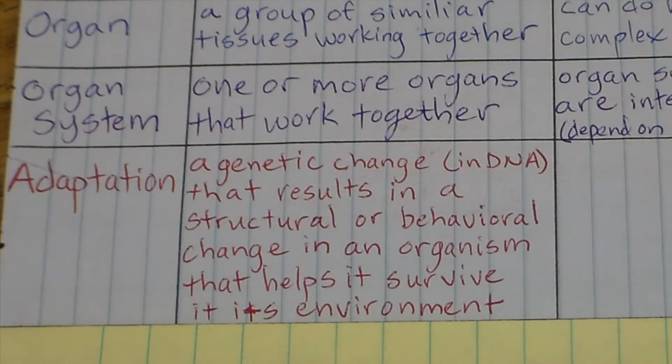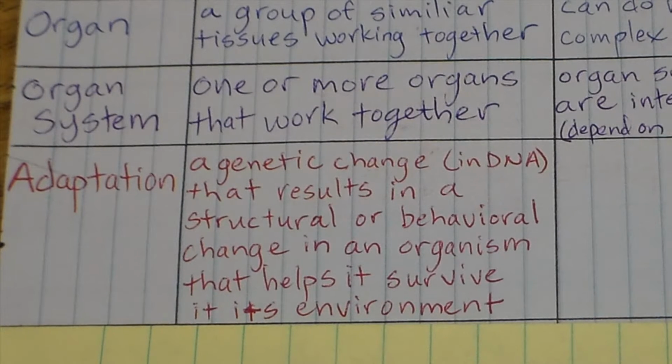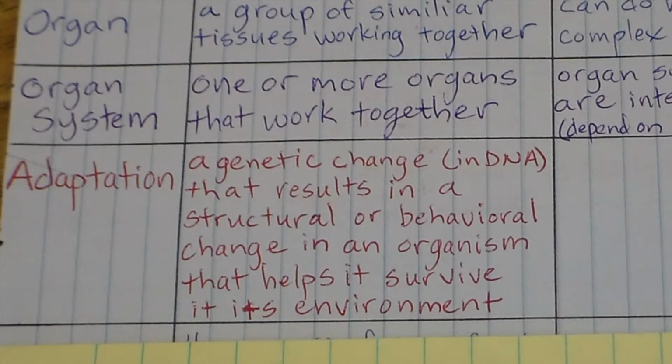So an adaptation is a genetic change. Remember, we know genetic means in the DNA. So adaptation is a genetic change in DNA that results in a structural or behavioral change in an organism, and this change helps it survive in its environment.